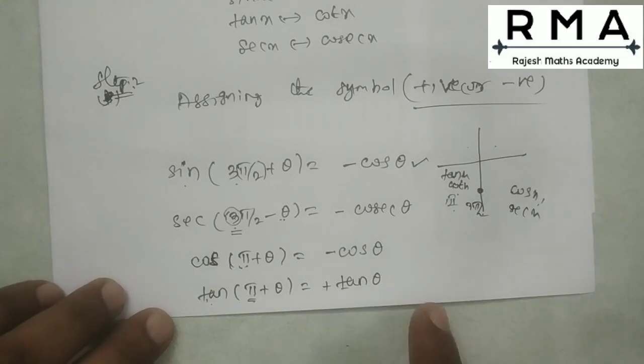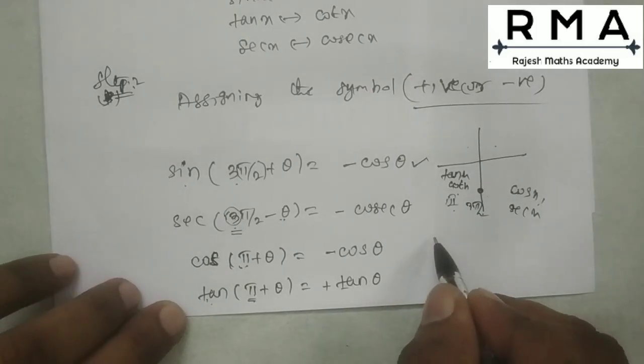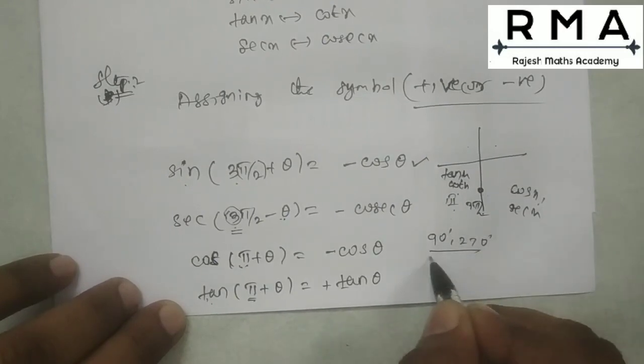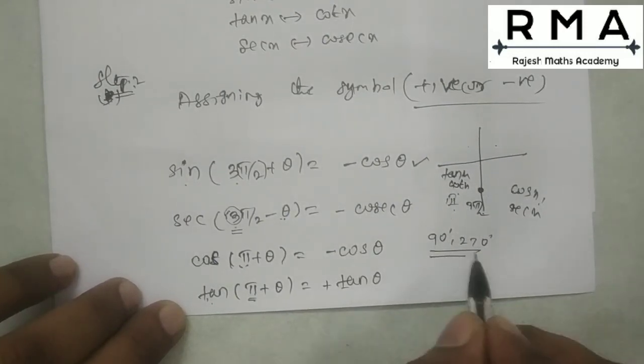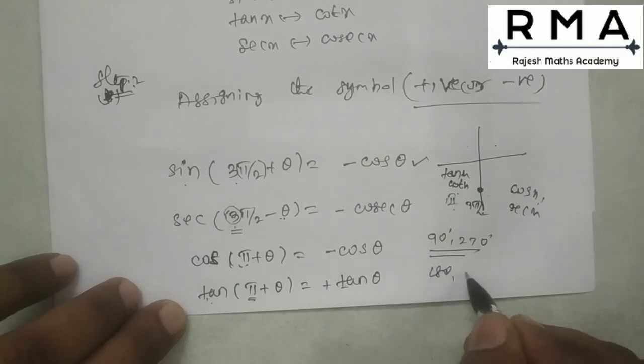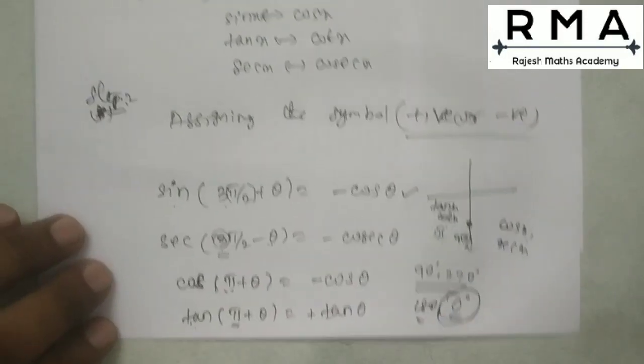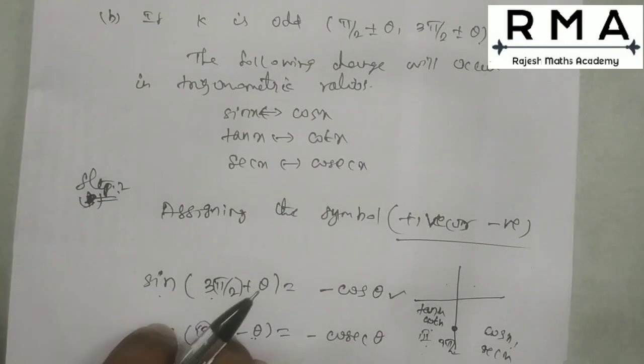Clear? So how to keep in mind: at 90 and 270, the trigonometric functions will change. At 180 and 0 degrees, there is no change. We will see one more example for the 0 degree, that is minus theta.